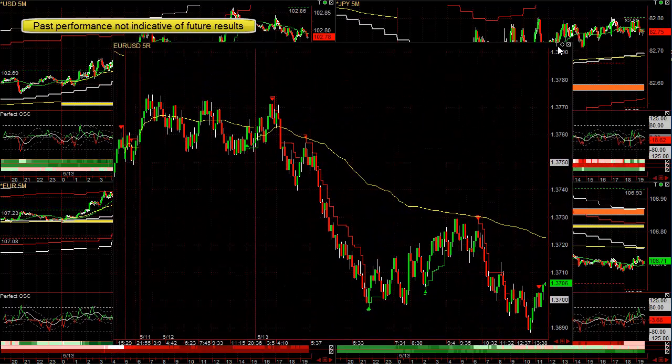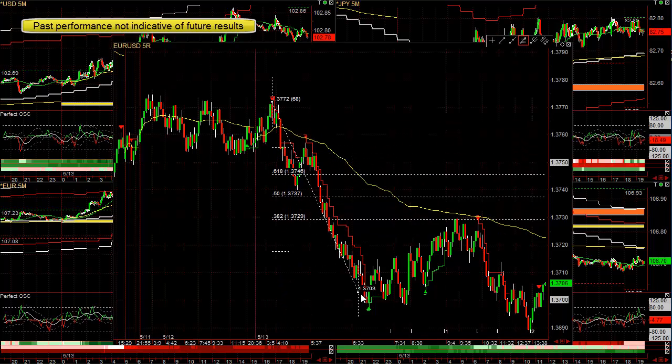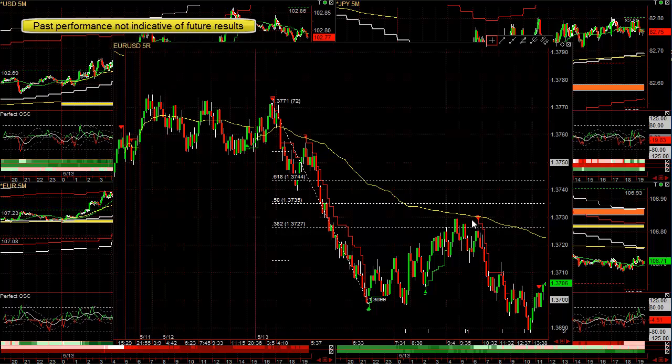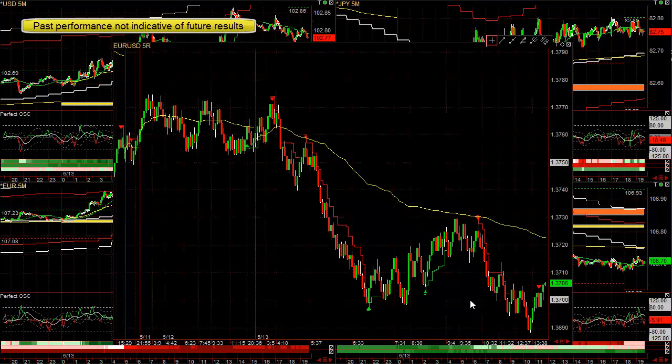Maybe you want to also draw on your chart your Fibonacci areas, and if you get a trade near a fib area, you're more apt to take that trade, or you're more apt to put a little bit more size on that trade. And I don't know if you noticed this, but depending on the probability of our trade systems, we have bigger triangles or tinier triangles.